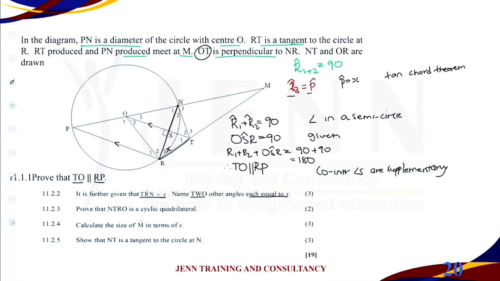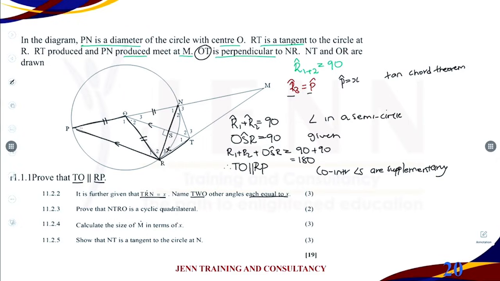So ON, OP, and OR are your radii. So we are definitely going to use triangle POR.